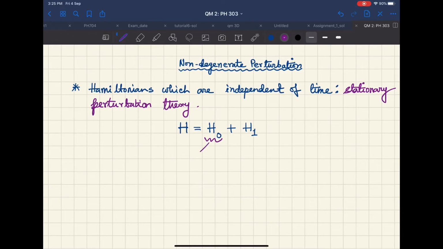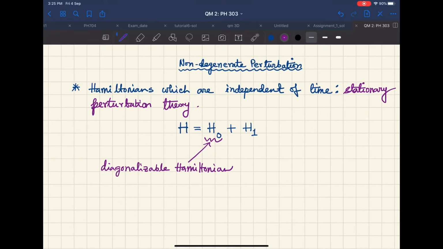So this is a diagonalizable Hamiltonian. That means you can exactly find the eigenvalues of this Hamiltonian. We can determine the eigenstates of this Hamiltonian H0 also.